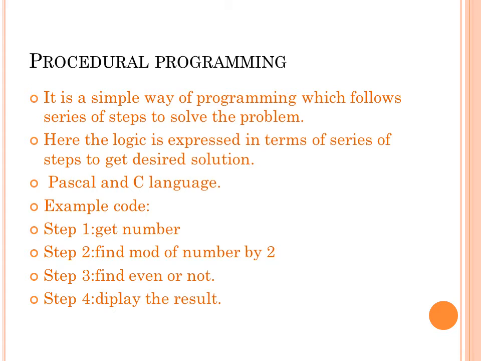Then you find the mod of that number using some mod operations, dividing by 2, and based upon the remainder you consider whether it is an even number or odd. Once you have that, you display the result. So that is how a simple procedural programming approach will go. So this is with respect to procedural programming.